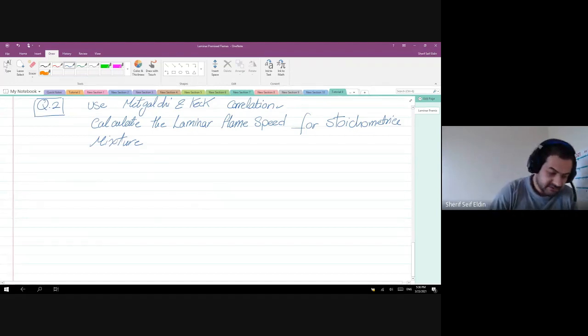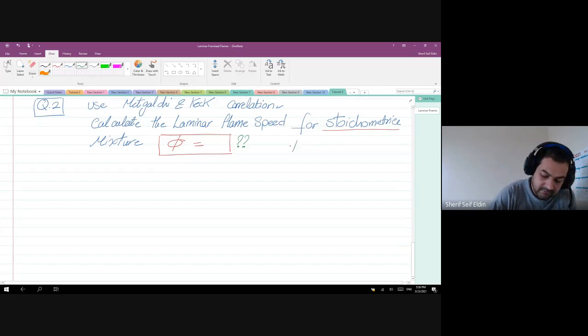From the stoichiometric condition, we know what phi is. At a pressure of 1 atmosphere and an unburned gas temperature of 400 K. The first is for propane, and the second for isooctane.